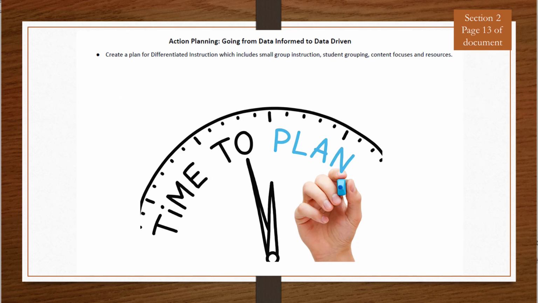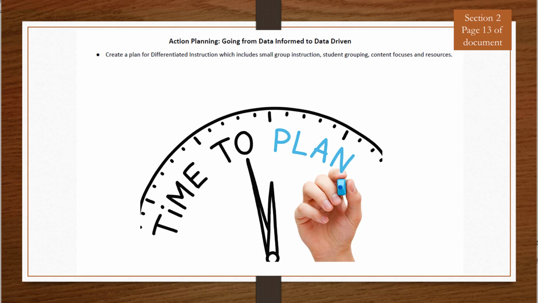As we come to a close with section 2 of the document, have teachers refer back to page 5 of the form to review the considerations for the next steps with instruction. Teachers can create a plan for differentiated instruction which includes small group student grouping ideas based on the evidence within this form.